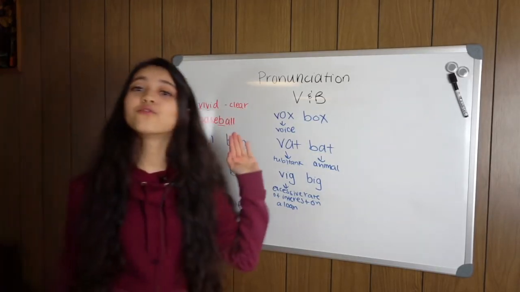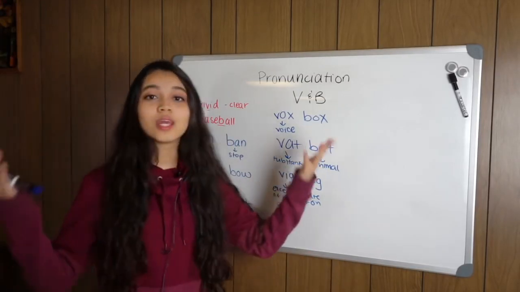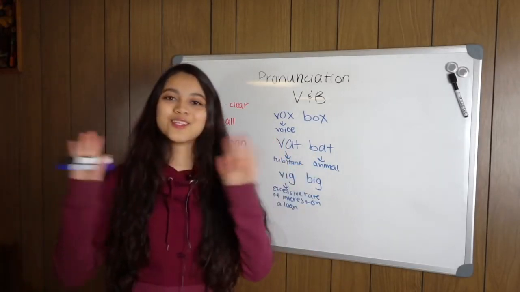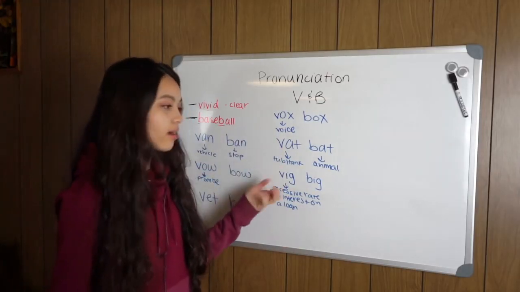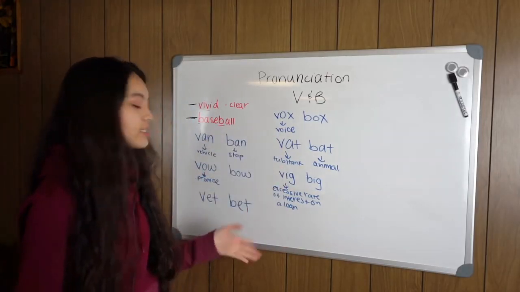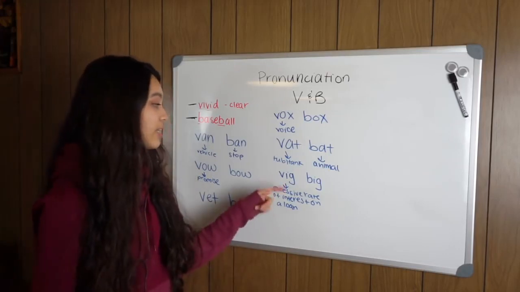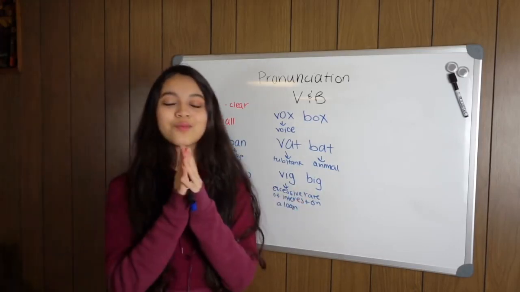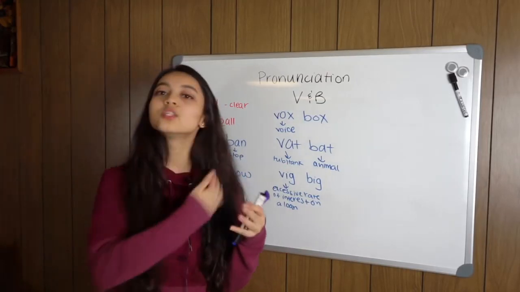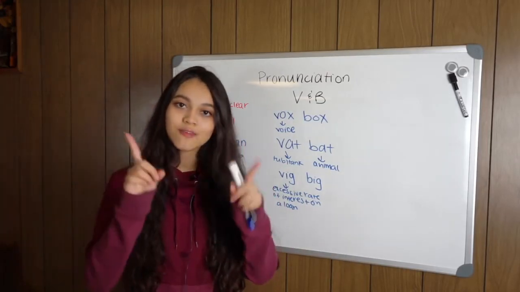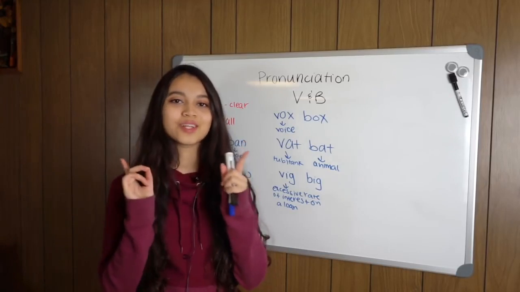Now, these are just a few words in the English language, the English dictionary. There are so many, many more like these, where the only spelling difference is basically the V and the B. So once again, you want to be careful what you are saying and how you are pronouncing your V's and B's, because it can definitely change the meaning of your sentence.